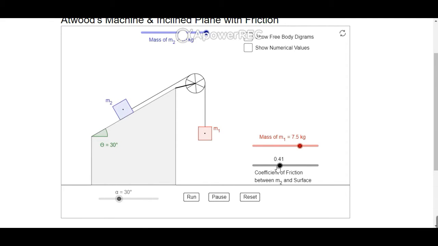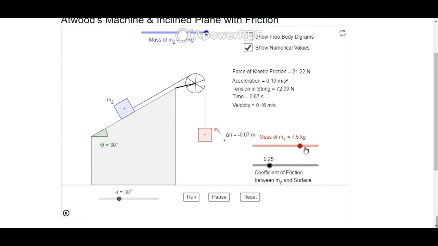And we set the coefficient of friction to 0.25, and we show the numerical values. First we must start the mass of M2 from 10 kilogram. Then we can run and add the value for these two moving. So that's it. Thank you.